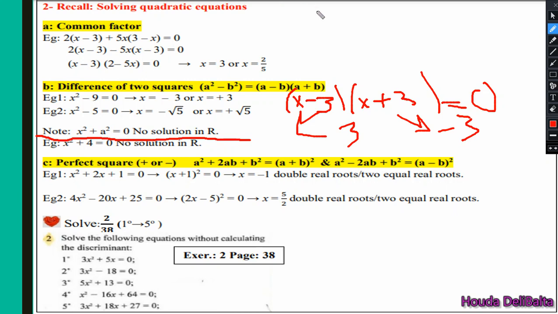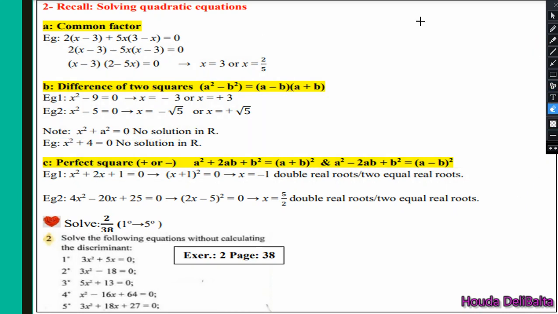Why? Let's see why, and let's remember why. Of course, all of you know why, but let's make a little recall. For example, if you have x squared plus 4 equals 0, if you take 4 to the other side, then you're going to have x squared equals minus 4, and that's impossible in this set of real numbers R, because I cannot get a squared number whose answer is negative.